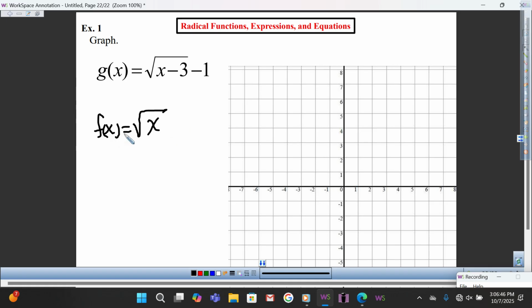No, so tell your neighbor what 3 points are we going to use for this? What 3 points? (0, 0), (1, 1), (4, 2). And we label that f of x.